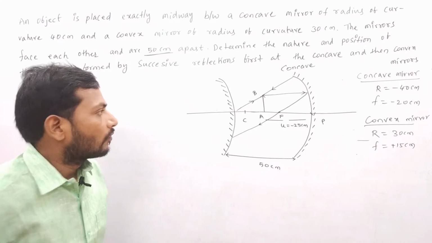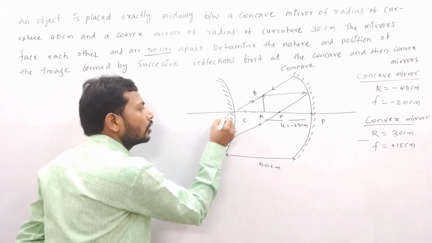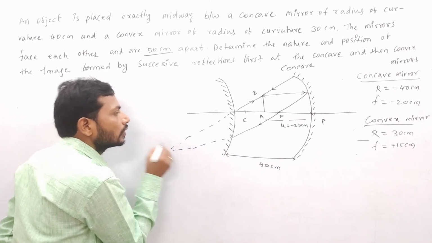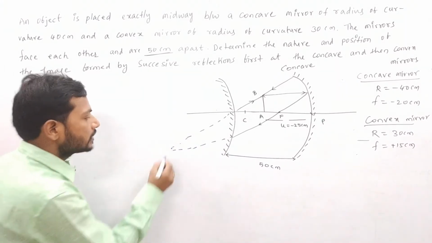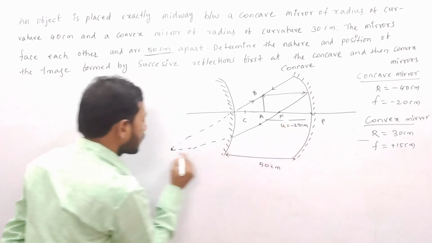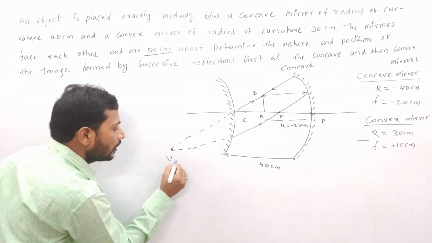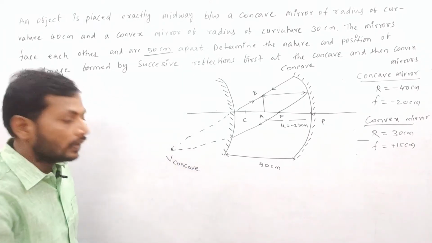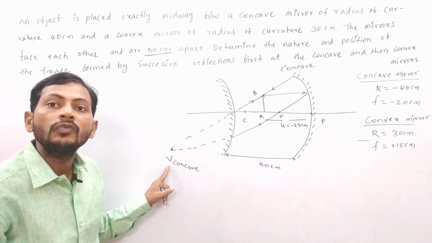So now just imagine these two coincide. This image is formed by the concave mirror, so v concave. This v concave is behaving as an object for whom?